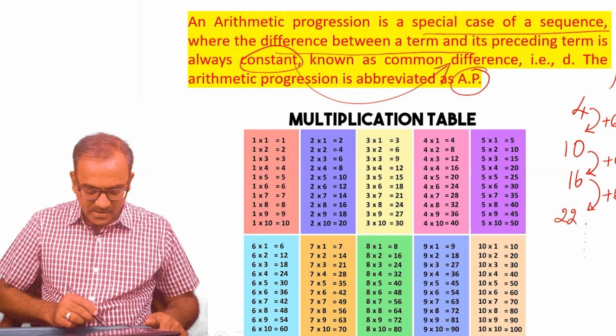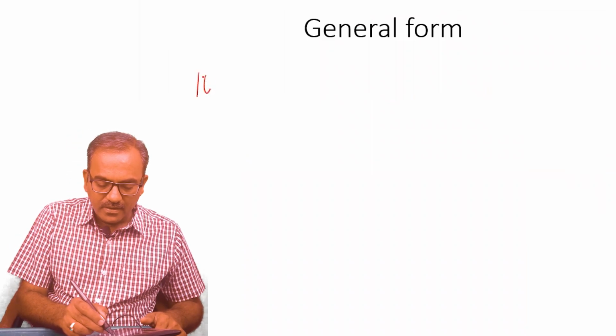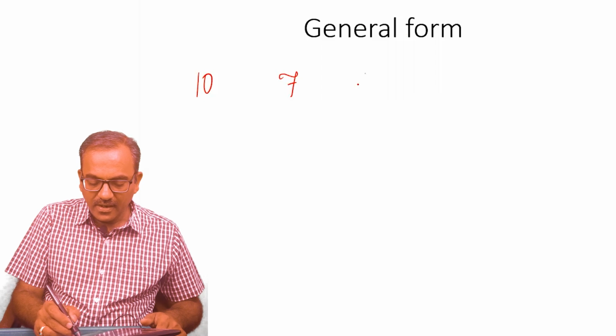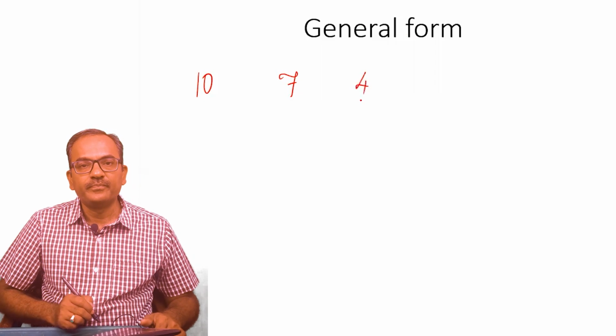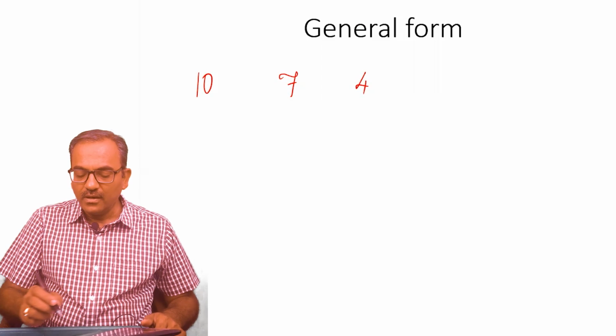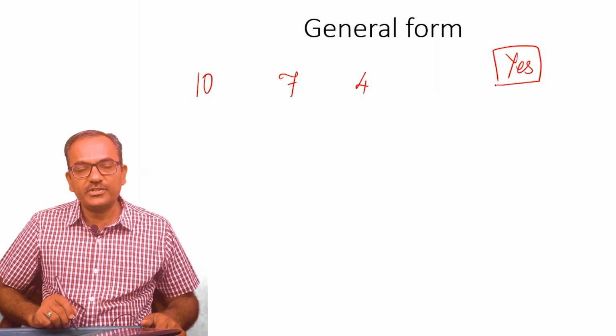Now let us see what the general form of an AP is. Let us try to understand with a few examples. I have 10, and I have 7, and then I have 4 with me. Is this an arithmetic progression? Of course, yes, this is an arithmetic progression.